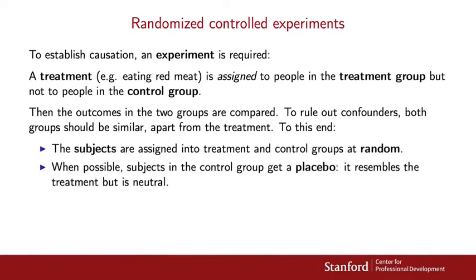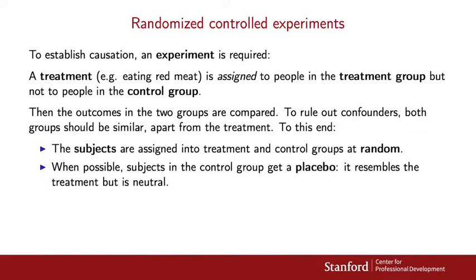Another precaution we should take is that every subject in the control group gets a placebo. A placebo is very similar to the treatment, but it doesn't do anything. In the example where we want to test a new medication against high blood pressure, the treatment might consist of a pill.